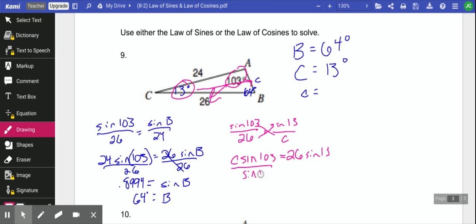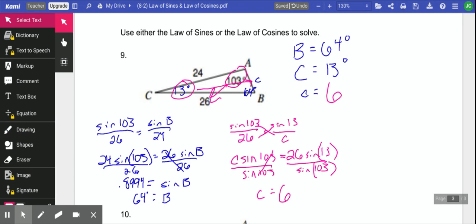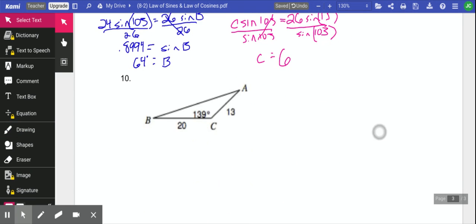And we're going to divide both sides by sine 103. So 26, don't forget to close your parentheses. Sine 13, close, divided by sine 103, close, and we get 6. So there we go. All right, let's check out the next one.